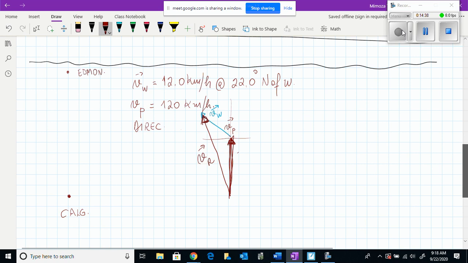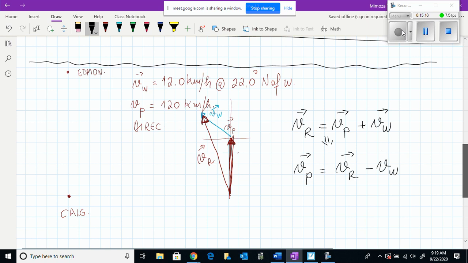And how do we do this? We start, as always, with the relationship that the resultant velocity is the velocity of the plane plus the velocity of the wind, as we did on the direction of the boat when we had the river. From here we can say that the velocity of the plane is equal to the resultant velocity minus the velocity of the wind.